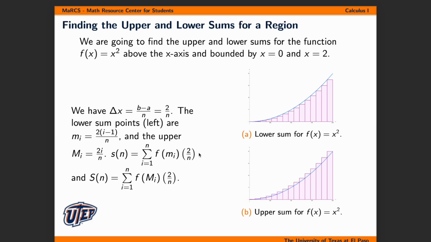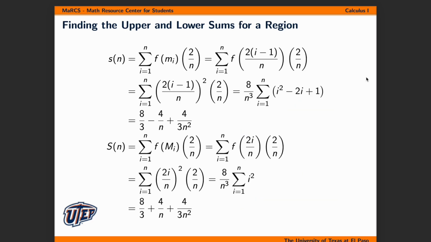So for the lower sum, lowercase s of n, that will be equal to the sum from i equals 1 up until n of f of lowercase m_i times 2 over n. Now for the upper sum, it will be capital S of n, and we will be taking the sum from i equals 1 up until n of f of capital M_i multiplied by 2 divided by n.